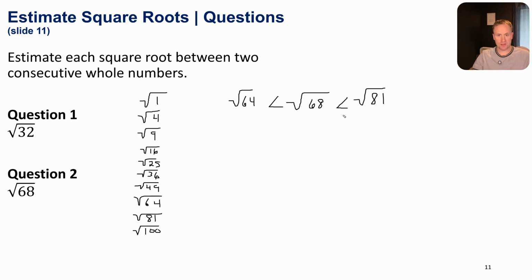In other words, if I simplified these two square roots down, we would get 8 and we would get 9. So square root of 68 is going to fall between 8 and 9. And since 68 is also closer to 64, square root of 68 is closer to 8 than it is to 9. Okay. All right. So that's estimating each square root between two consecutive whole numbers.